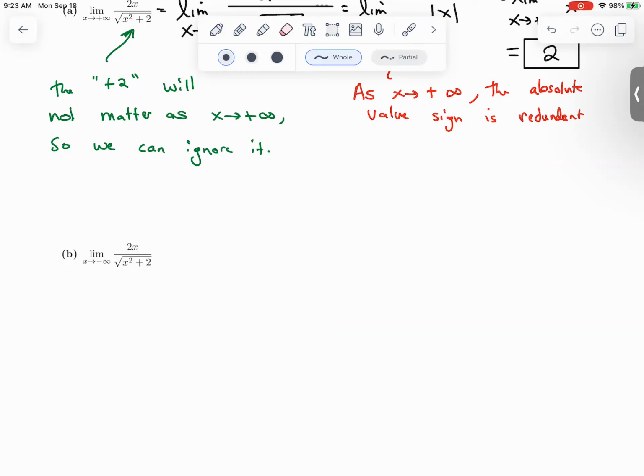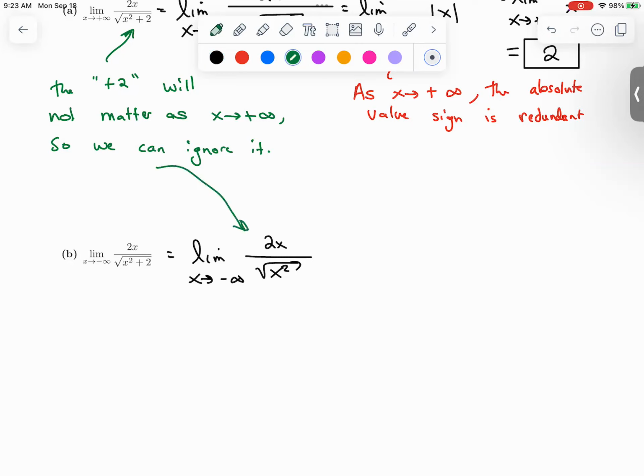In the same fashion, this becomes the limit as x approaches negative infinity of 2x over the square root of x squared. And I'll point to this one too. The fact is that +2, as we go to negative infinity, doesn't matter.